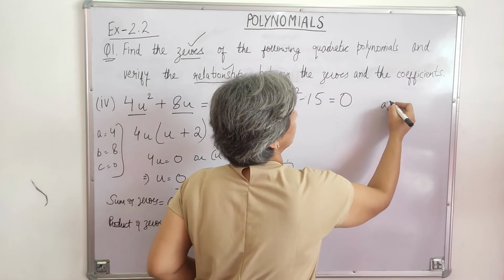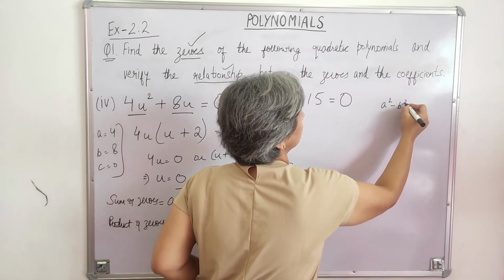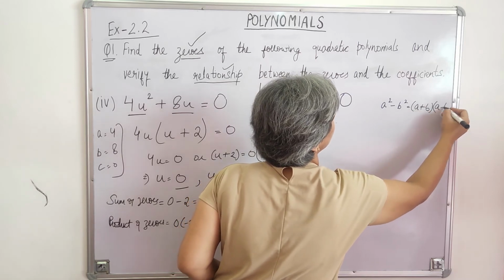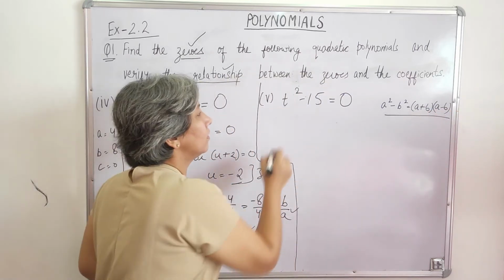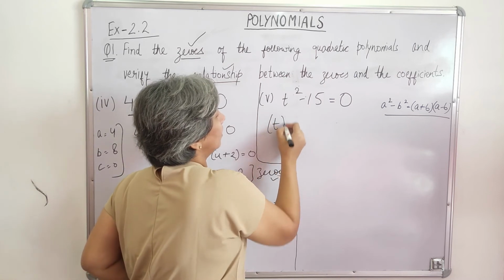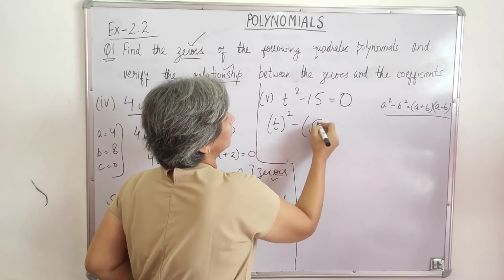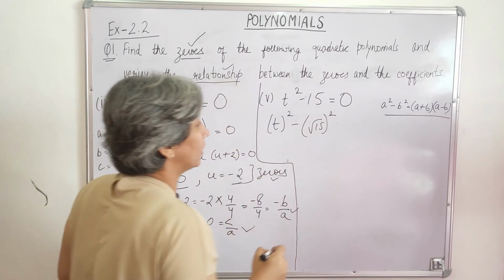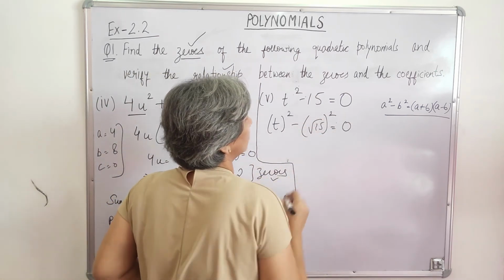We know a square minus b square is a plus b, a minus b, right? So here also that can be achieved by making root 15 square, which is nothing but 15, equal to 0.